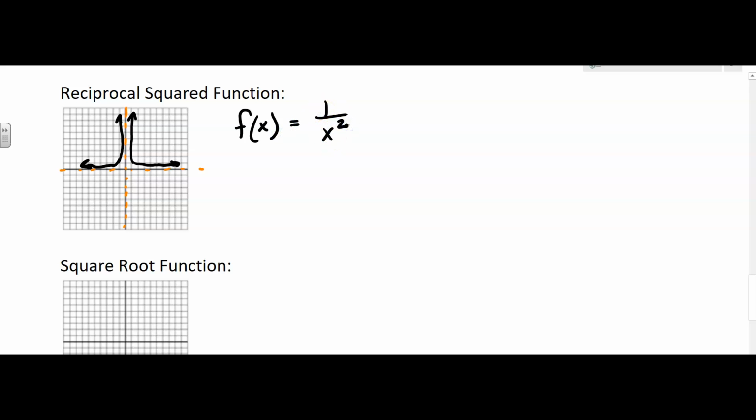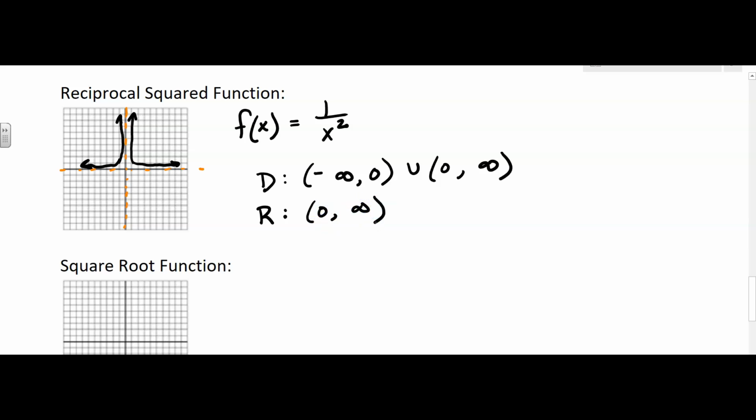So again, in the domain, we can have all real numbers except 0. So we're going to go from negative infinity to 0, union 0 to infinity. That would be the domain. But the range this time, you'll notice that you're always getting a positive output here. So we're going to have just from 0 to infinity. Those would be the range values.